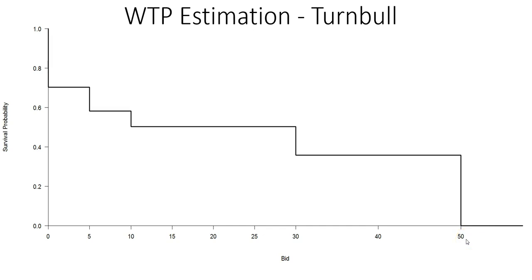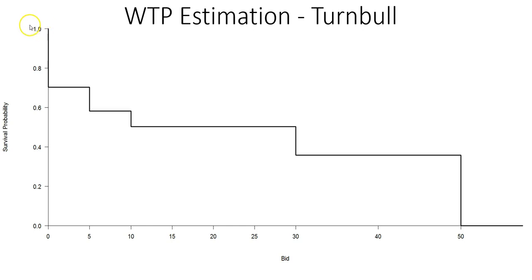One thing about the Turnbull is that it's usually plotted with the bid amount, the exogenous or independent variable in this analysis, on the horizontal axis, and the probability, which is the dependent or endogenous variable, on the vertical axis. This is the way we do it in math: the y variable on the vertical axis and the x variable on the horizontal axis.